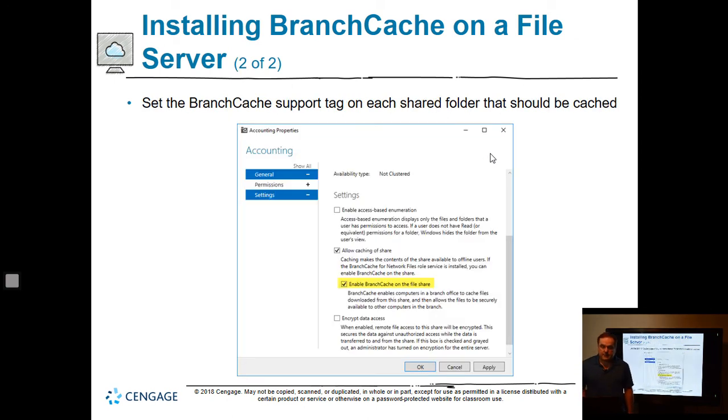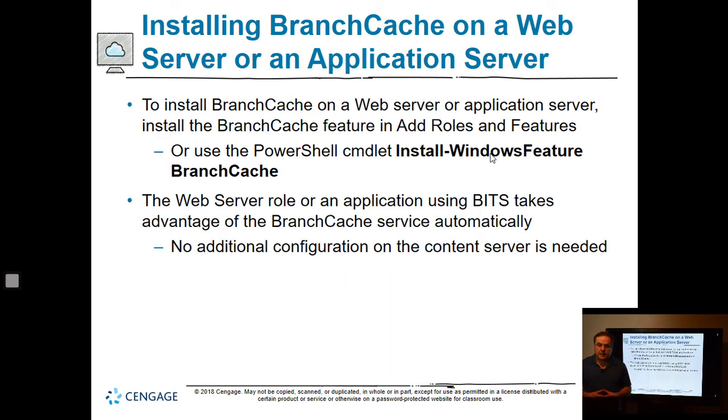Set the BranchCache support tag on each shared folder that should be cached. So you've got to enable BranchCache on the file server, allow caching on the share, and it puts a little support tag on each folder. To enable BranchCache on a web server or application server, install the BranchCache feature in Add Roles and Features, or you can use PowerShell.